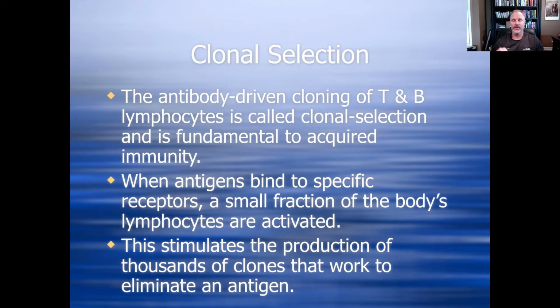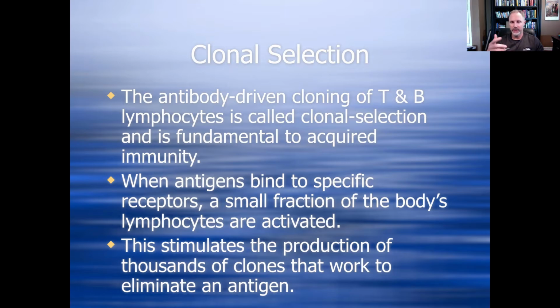So these antigens bind to a specific receptor on a B cell, and a small fraction of the body's B cells are going to be activated. The lymphocytes are going to spring into action, but the rest of them are just going to be at the ready for being able to respond to something else that may make you sick at a later date.